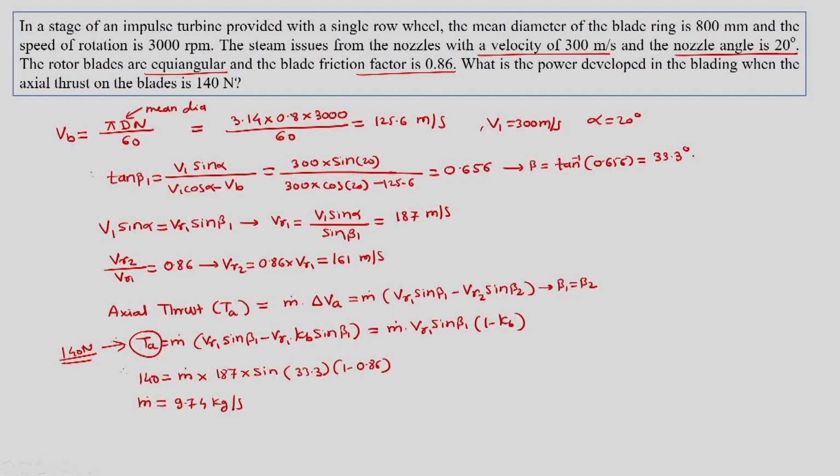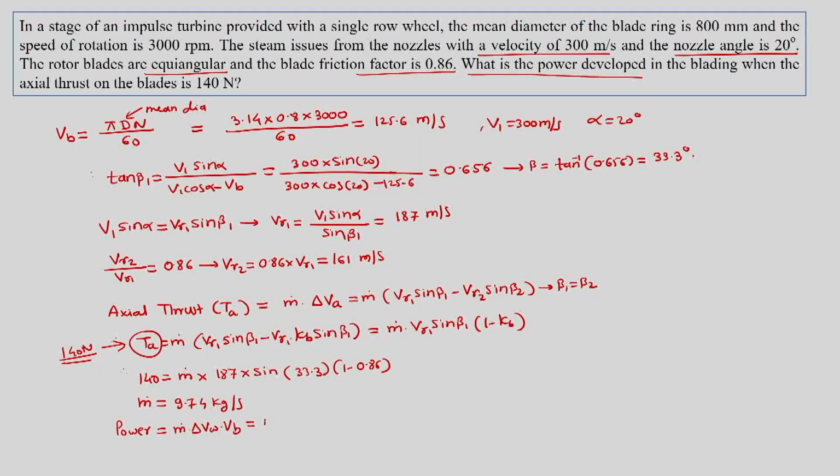Now, since our objective is to find the power developed, and for that we need m dot, which we have found, power developed is m dot into delta VW into VB. So we can make use of it.